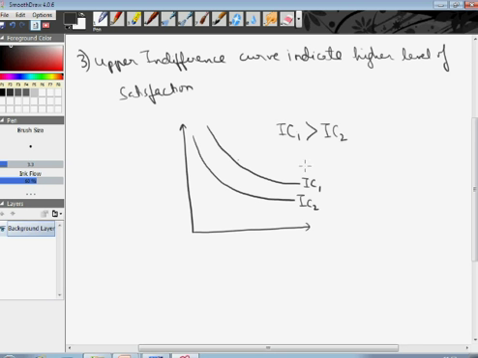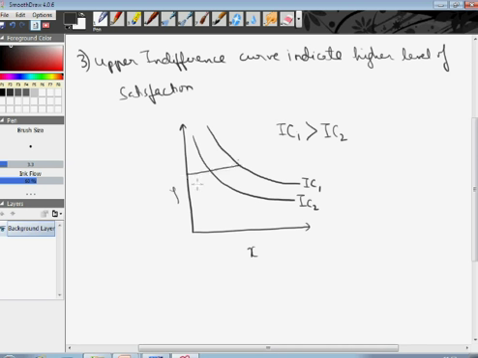The reason is that an upper indifference curve contains all along its length a larger quantity of one or both of the goods than the lower indifference curve. Here, on the X axis commodity X is there and here commodity Y is there.